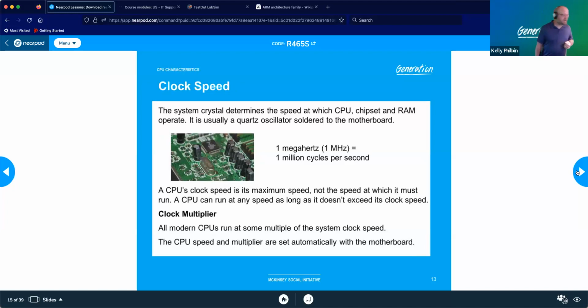So clock speed, we talked about that. That's set by the quartz crystal in the motherboard itself. And the CPU's clock speed is the maximum speed it can attain, not the speed at which it must run. It'd be like saying your car's clock speed is 150 miles an hour.